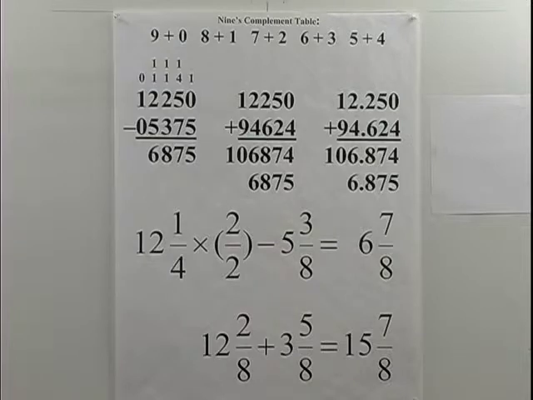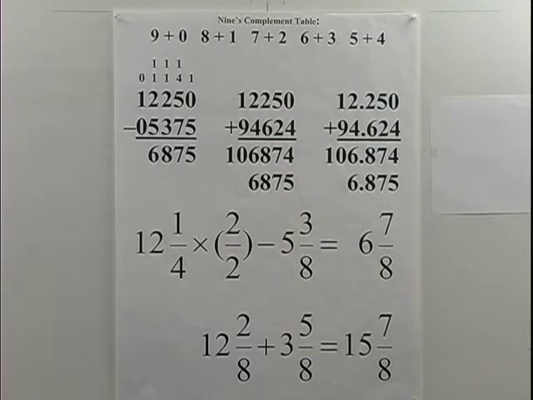Does it work for mixed numbers? This number, 12.250, translated into a mixed number, is 12 1/4. This number, 5.375, translated into a mixed number, is 5 3/8. From 12 1/4, I want to subtract 5 3/8. But I'm going to use the 9's complement procedure. So I have to find the 9's complement of this subtrahend, 5 3/8.